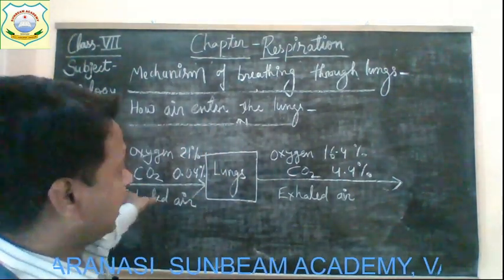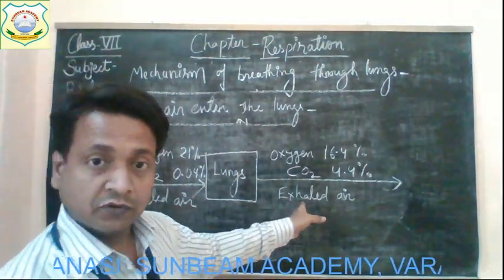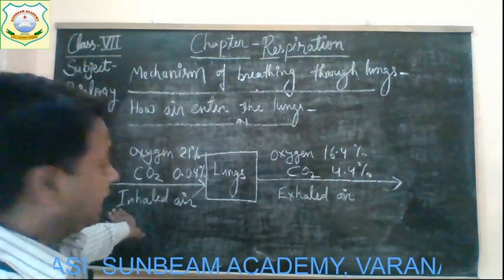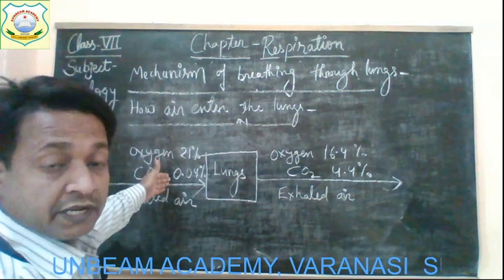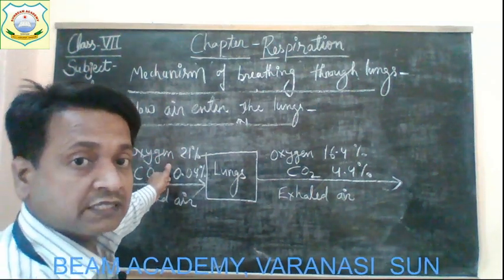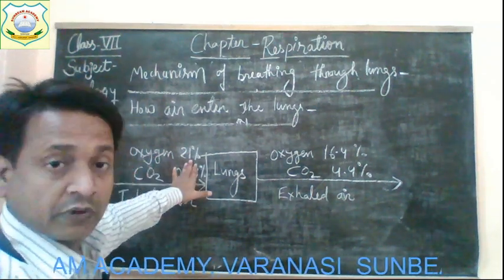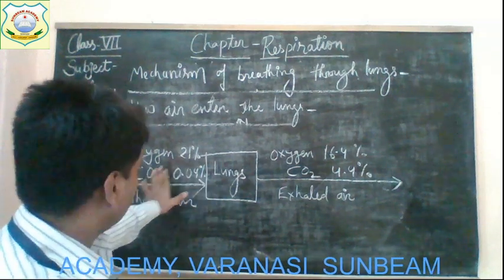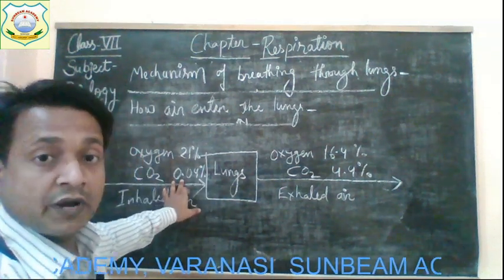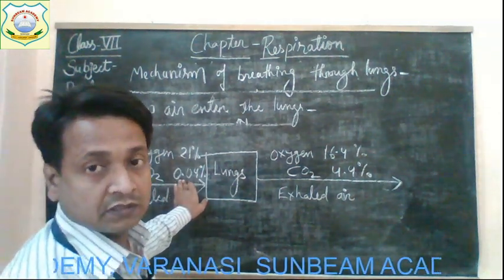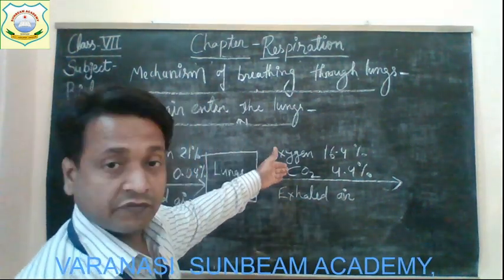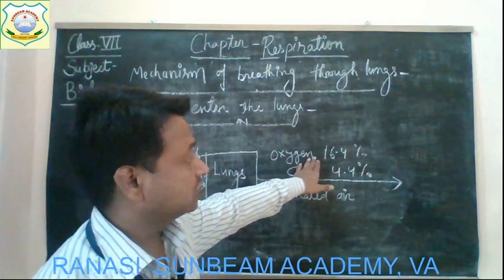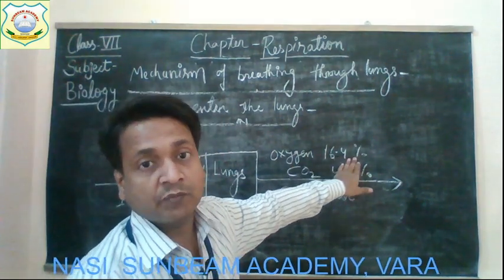so. With the help of this flow diagram, the inhaled air has different percentages of these two gases: oxygen is about 21%, whereas carbon dioxide is about 0.04%, and in exhaled air these gases are different in percentage, like oxygen is 16.4%.